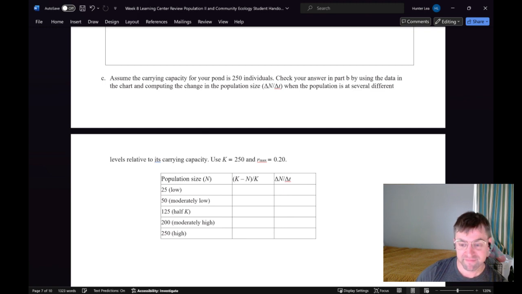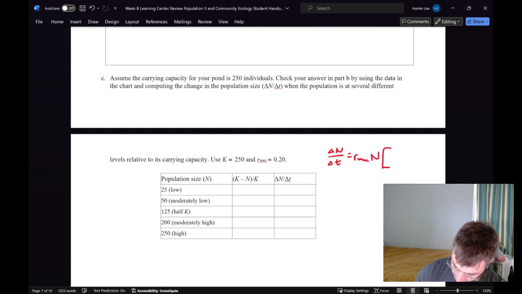I'm not going to run you through the math on this one, but I am going to rewrite r max times n times the quantity k minus n all over k.